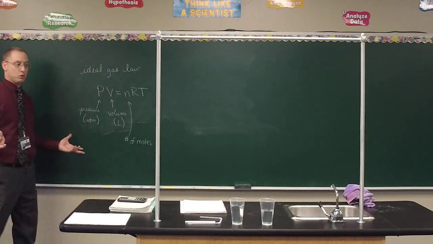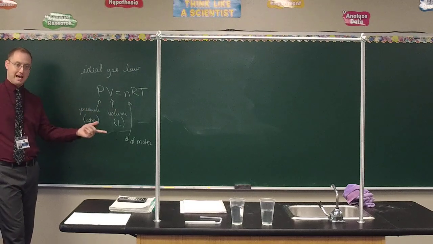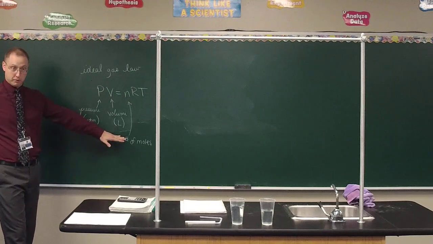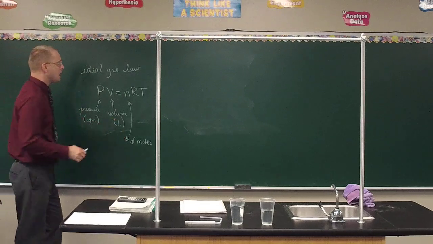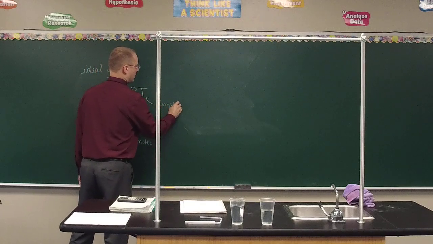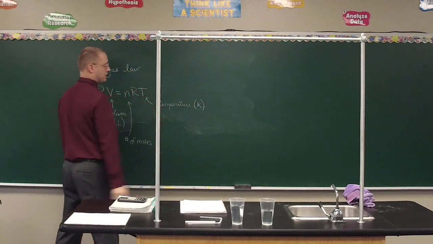It's the number of moles. We will need what we did a moment ago with calculating molar mass, and then taking the mass that we're given to figure out the number of moles, like we just did. The T, of course, is temperature. We'll have that in Kelvin, just as you would expect.